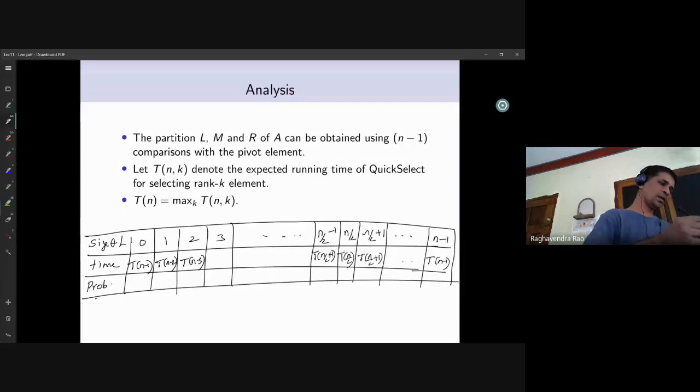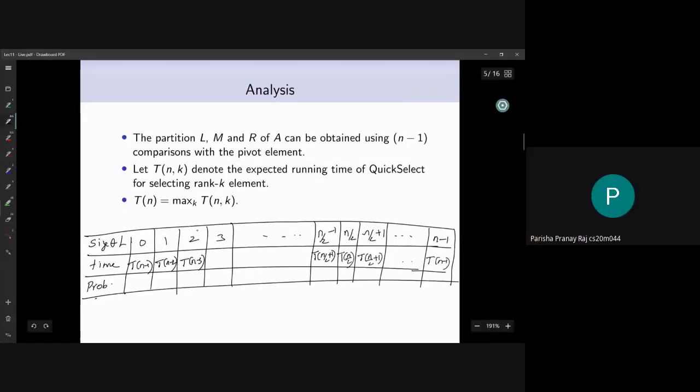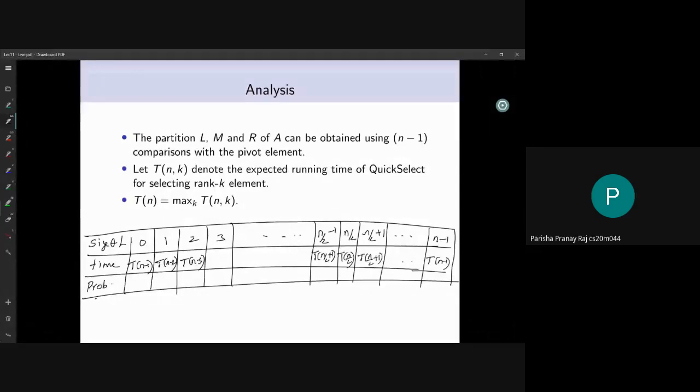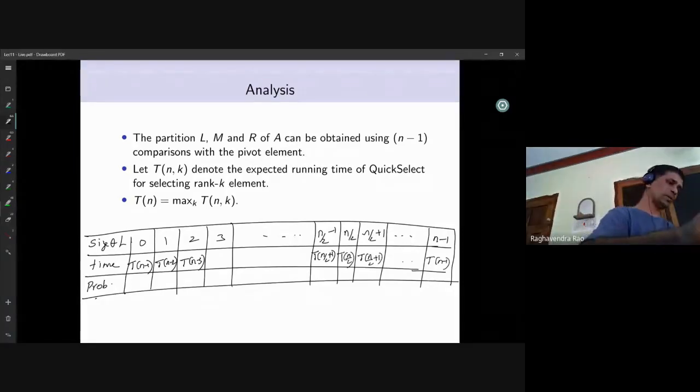Now what are the probabilities? Excuse me, sir. Yes. Sir, in the n/2 - 1 case, where the size of L is n/2 - 1, there is a pivot and the right hand side is n/2. Oh yeah, the right hand side should be n/2. You're right, I missed the pivot. This is size of L, right?